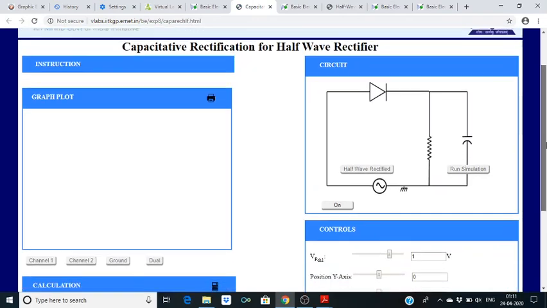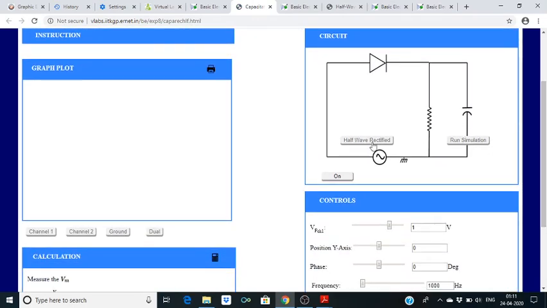Here also you can see we have the half wave rectified output, which we have got from the rectifier circuit. Then we have added this capacitor in this circuit for capacitive filtering.